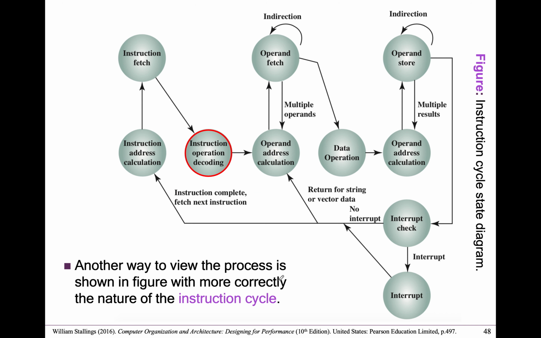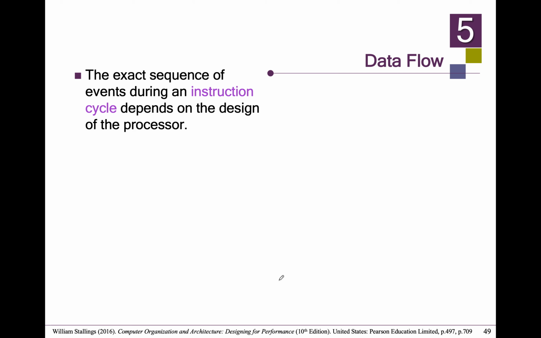Over here you can see instruction fetch, then instruction operation decoding, operand address calculation, operand fetch, data operation, operand address calculation, operand store, and the interrupt check. Then it continues.